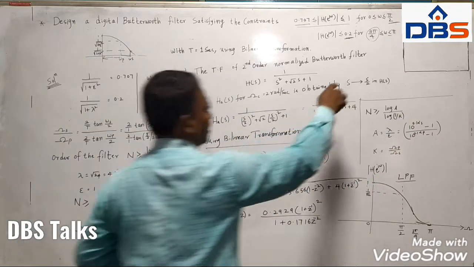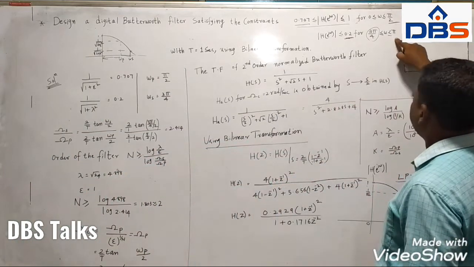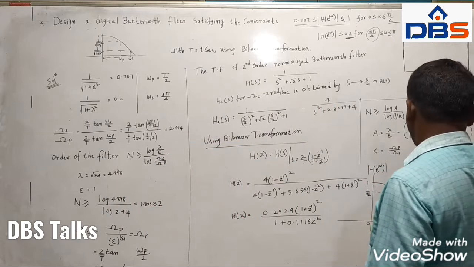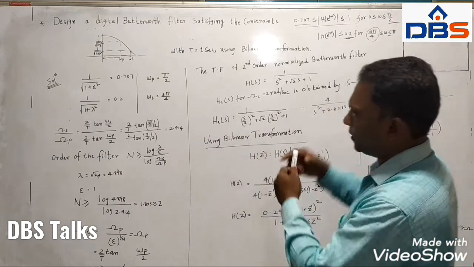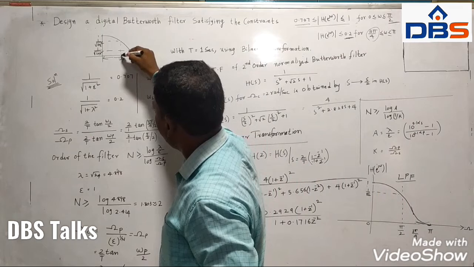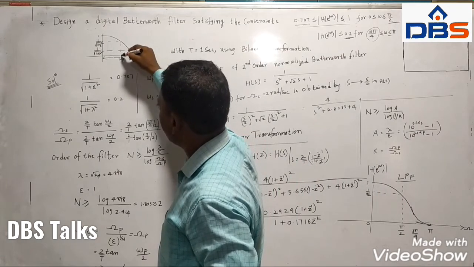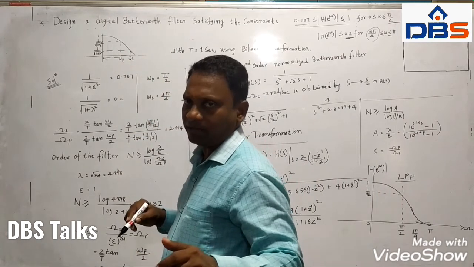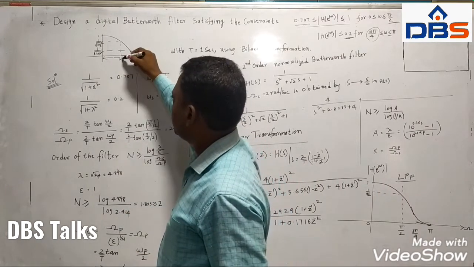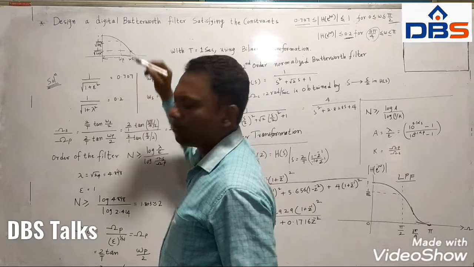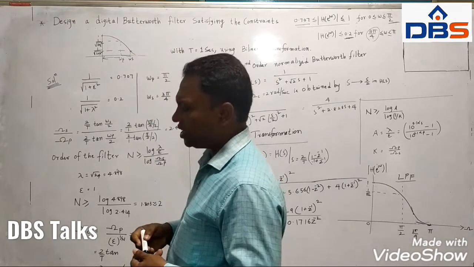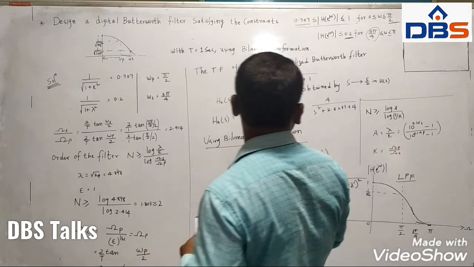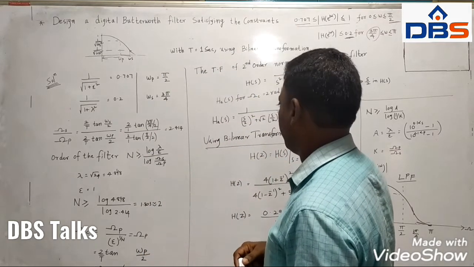These are not the final values; you have to consider that omega p is the end of the pass band, and omega s is the beginning of the stop band. Like that you have to take the two parameters.